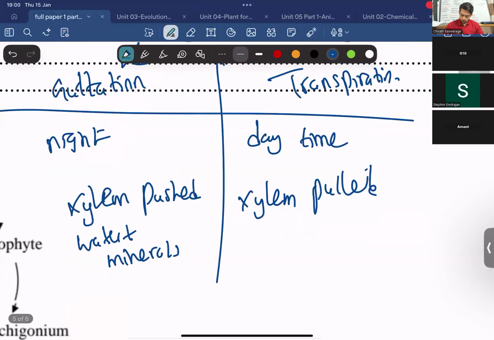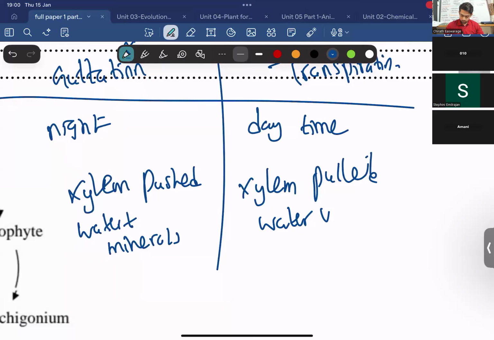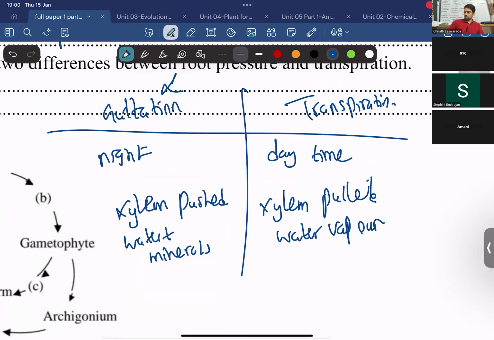In transpiration, you are only losing water vapor, but in guttation, dissolved minerals can also be lost.